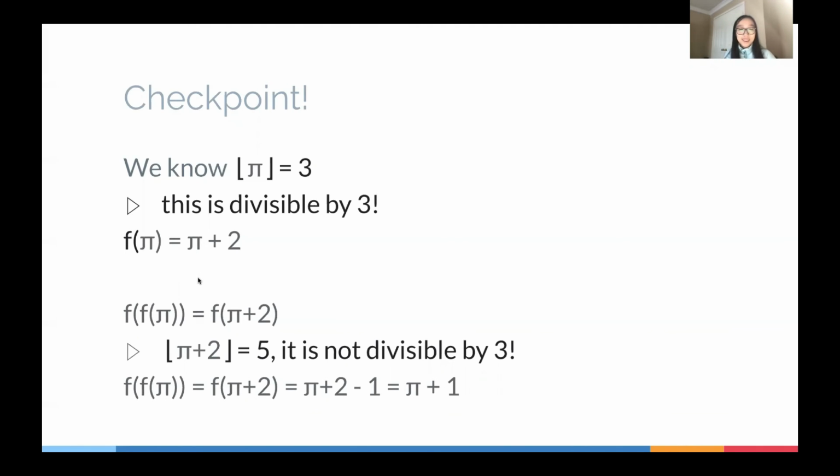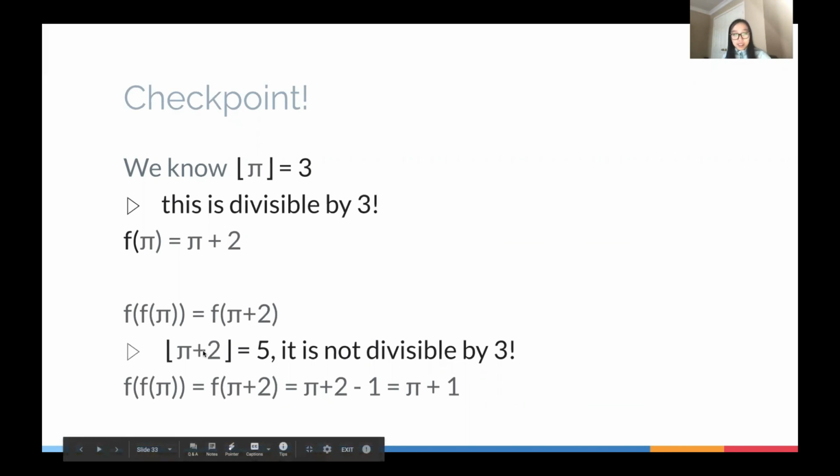So now we're going to find the second one. We know that f of pi is pi plus 2 already. So the next one is basically just the function of pi plus 2. We do the same thing. Before we found the floor of pi, but now we need to find the floor of pi plus 2. So pi plus 2 is like 3.1415 dot dot dot plus 2, which is like 5 and a bit.